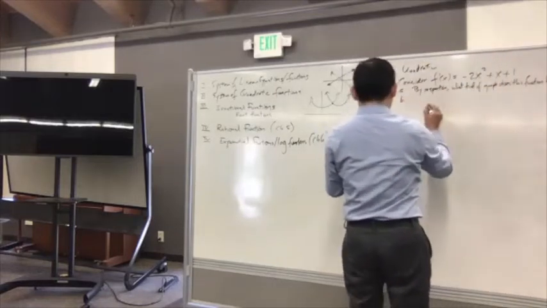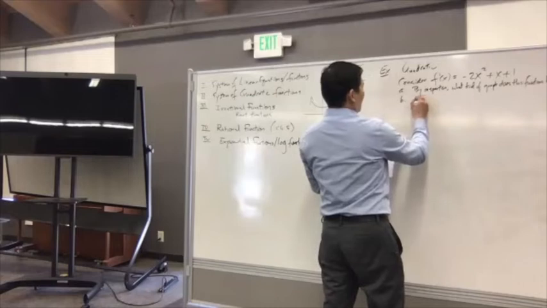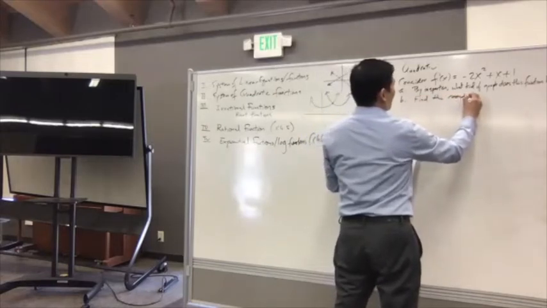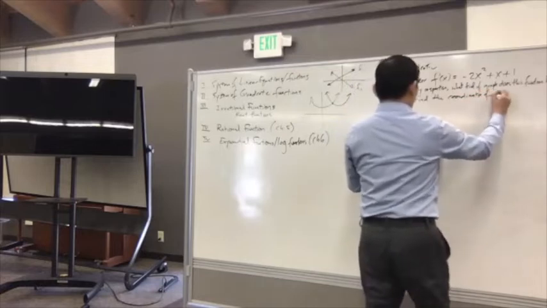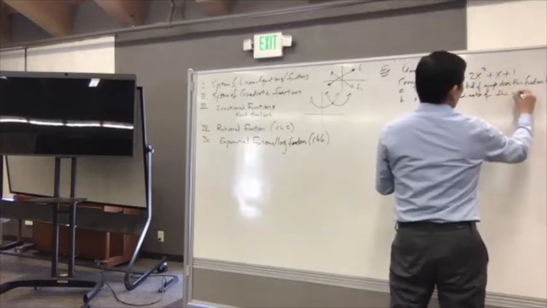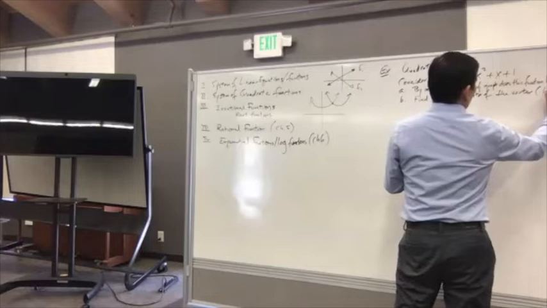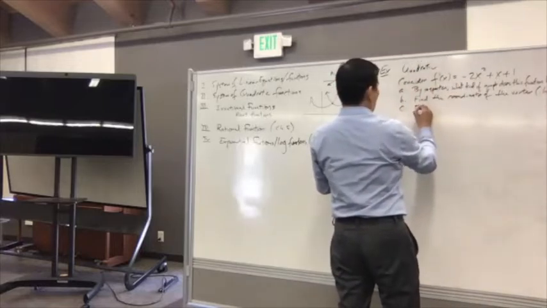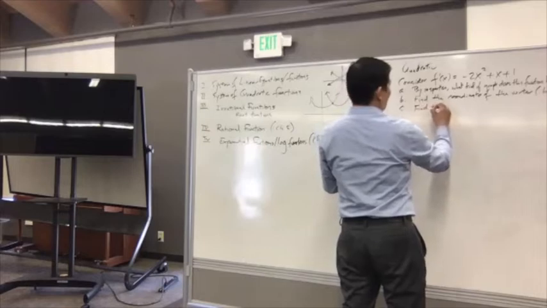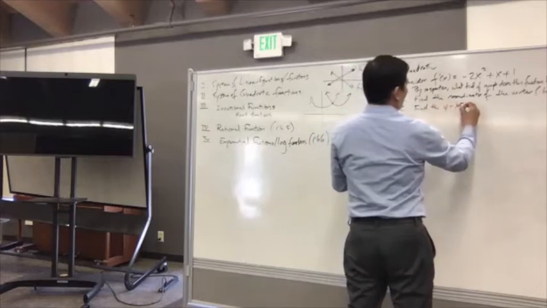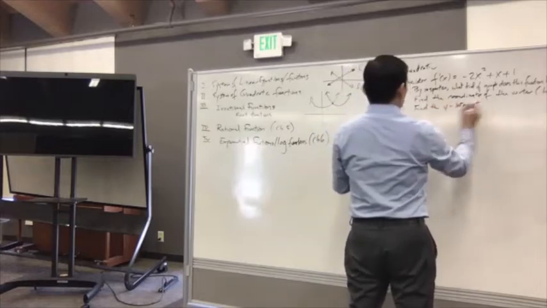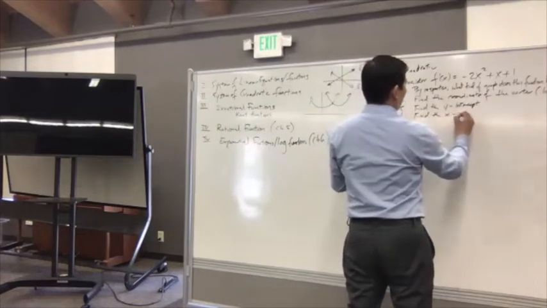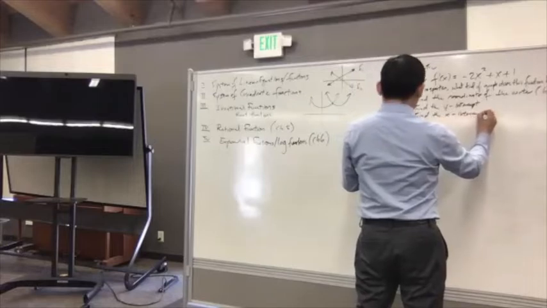Part B, find the coordinates of the vertex, h and k. C, find the y-intercept. D, find the x-intercept.